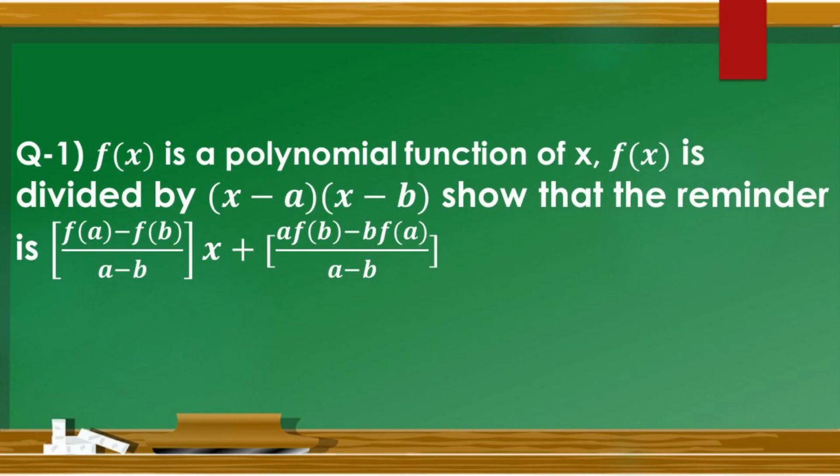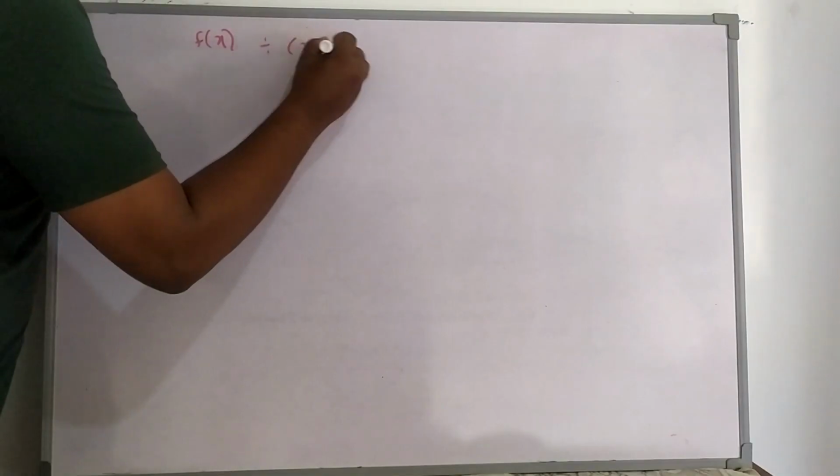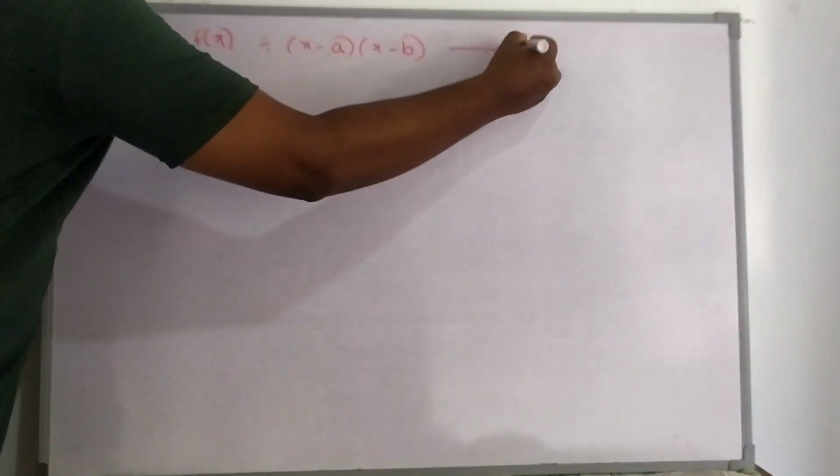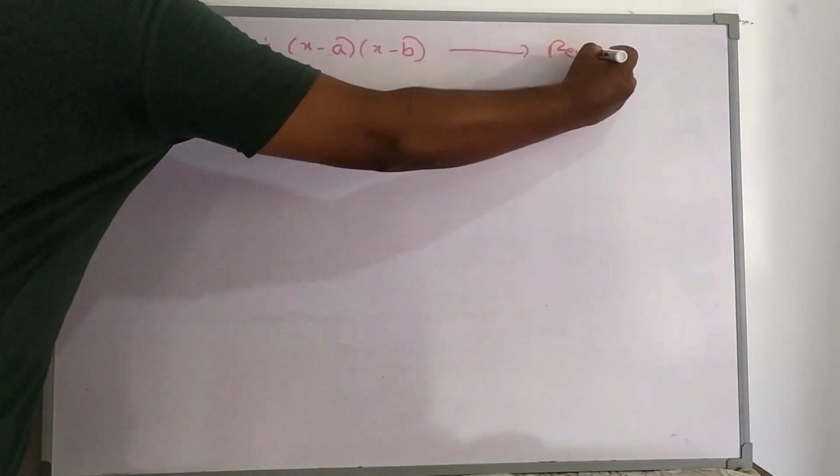Okay, so the first question I selected is this. f(x) is a polynomial function which is divided by (x minus a)(x minus b), and show that the remainder is this. This is also under the special identification, (x minus a)(x minus b), and we need the remainder.